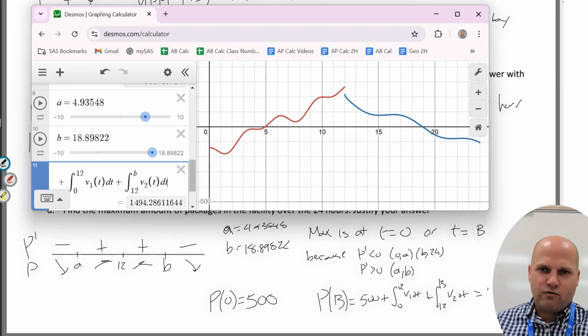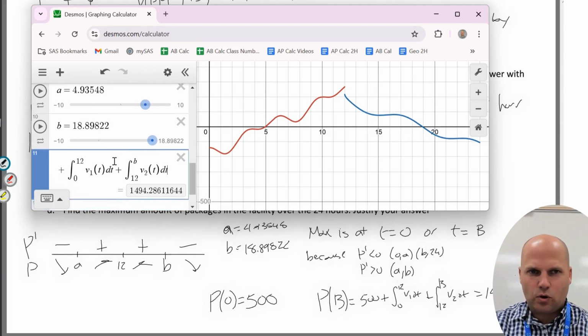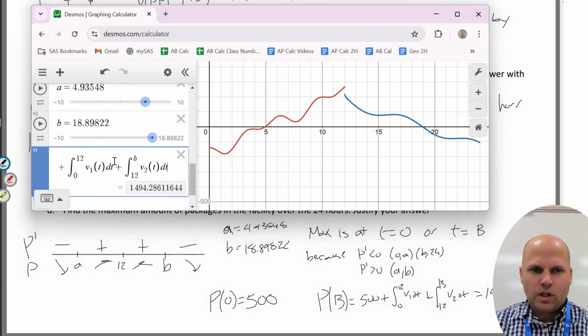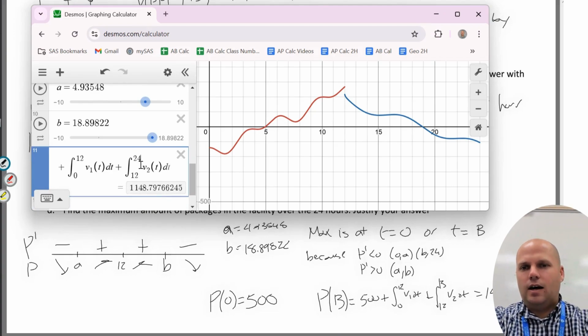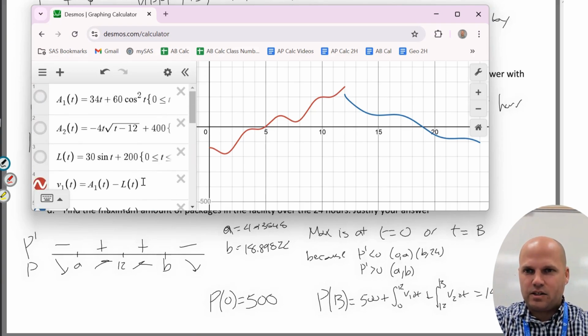We get that there's 1,494 packages. We need to boost our sorting. So that's the maximum. You can see I'll end the day with less than that. At least I end the day with double the amount of packages that I started with.